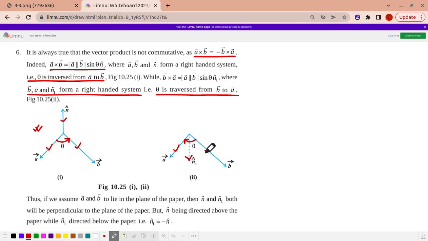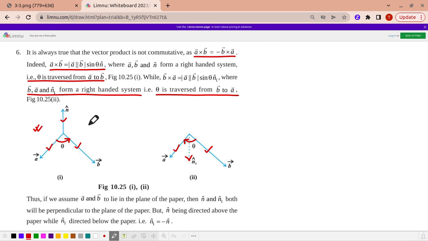Okay. So, if we assume A and B lie in the plane of the paper, in this case not paper, you can consider this digital board, then n vector and n1 vector both will be perpendicular to the plane of the paper, but one point.